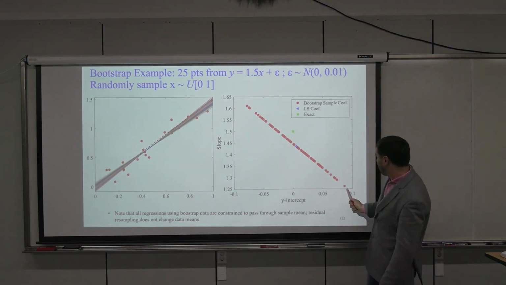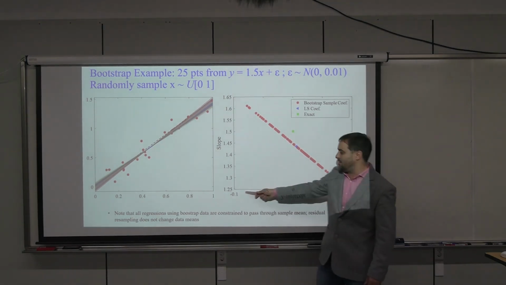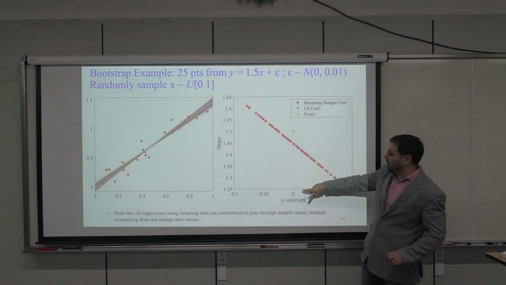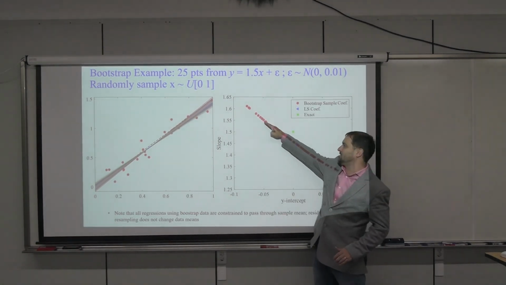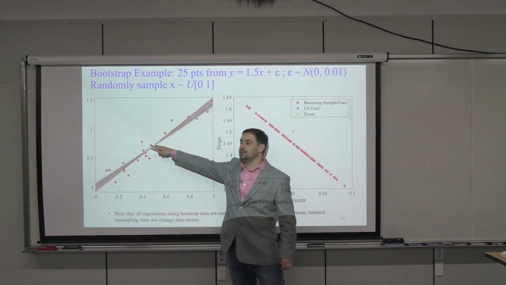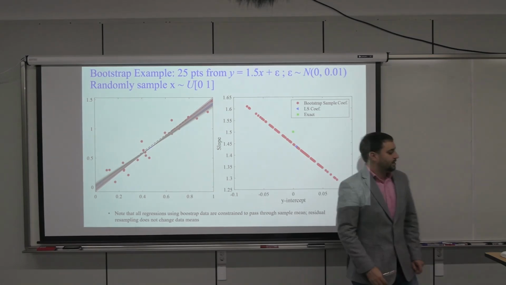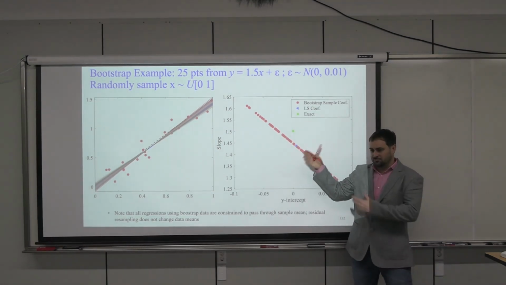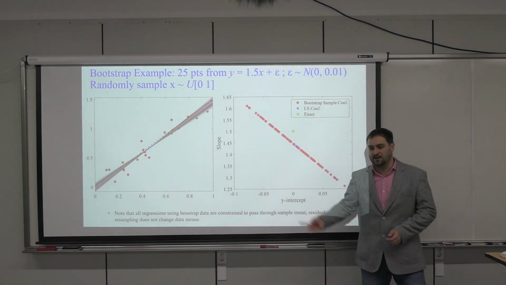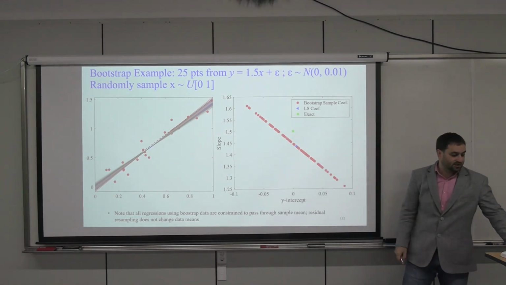And the y-intercept from about positive 0.1 to about negative 0.1. See how all of these combinations of y-intercept and slope are actually on a straight line? That's because in a simple linear model, you're constrained to pass through the sample mean. And so there's a direct correlation between the slope and the y-intercept due to the constraint that the fit must pass through the sample mean.